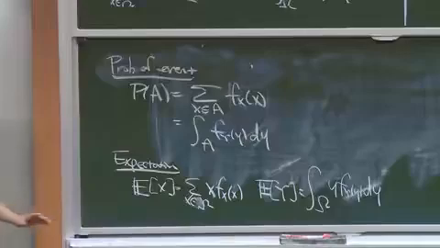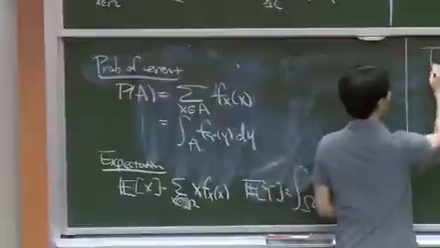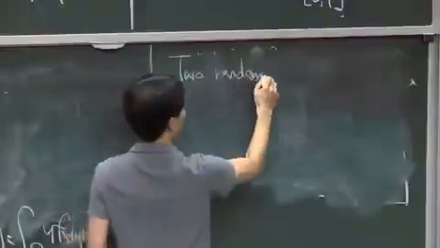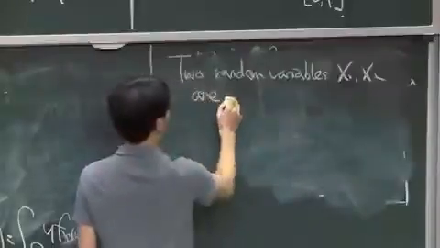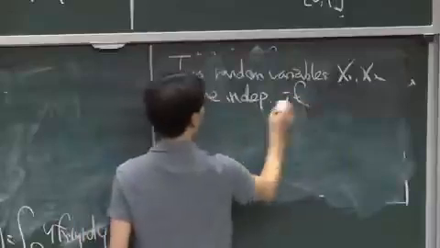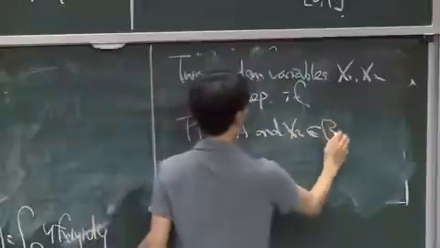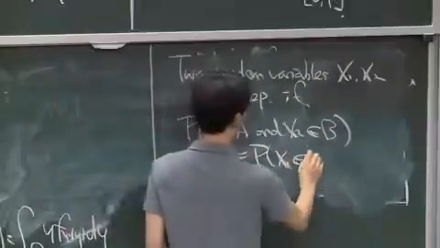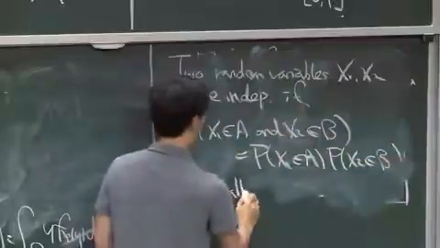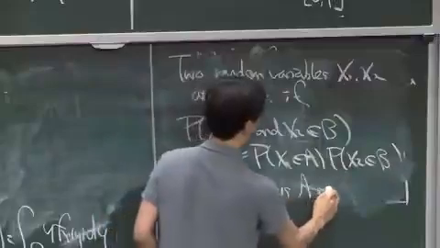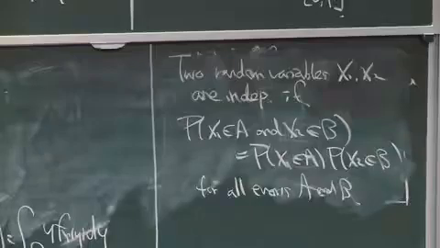Okay. And one more basic concept I want to review is two random variables x1, x2 are independent if the probability that x1 is in A and x2 is in B equals the product of the probabilities for all events A and B. Okay.